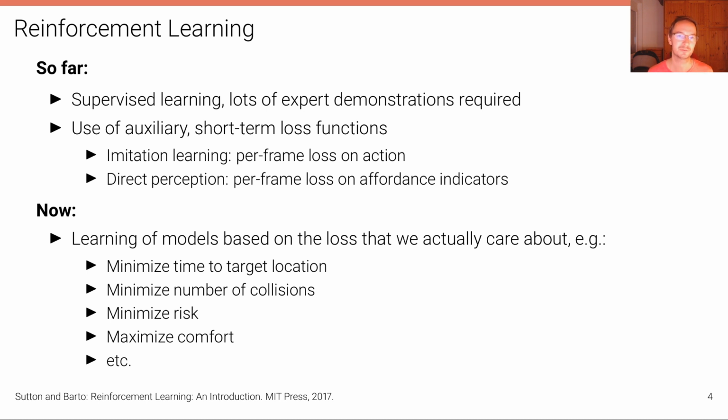It's a much more general framework. For example, a loss function could include that we want to minimize the time to the target location, which is something that we want to do in self-driving, or the number of collisions, or the risk that we take while driving, or that we want to maximize the comfort, etc. So very general definitions of what we want to achieve, and we can formalize self-driving in terms of such general loss functions in the framework of reinforcement learning.